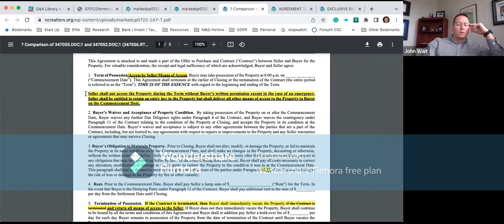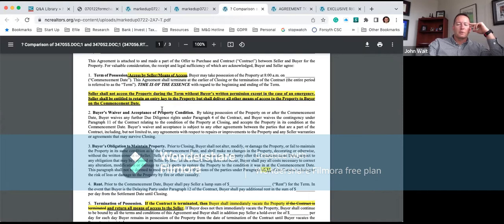So the committee felt that it was important to address this and to make it so that there's at least some right of access by the seller and the buyer, whoever is not in possession. What this says is, since this is a buyer possession form, seller shall not access the property during the term without the buyer's written permission, except in the case of an emergency.